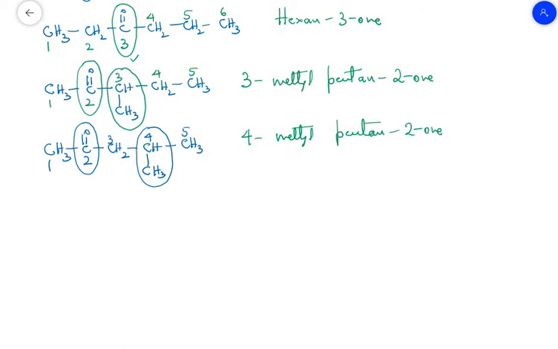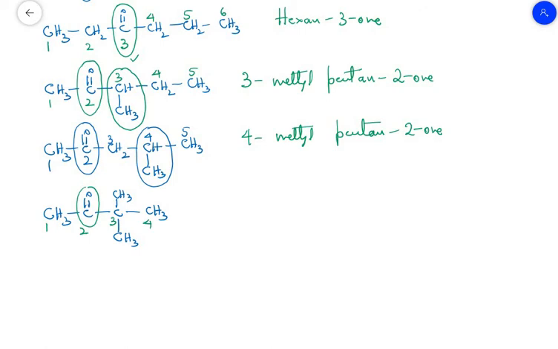And the next example we can write is the double branching on the third carbon atom. So it becomes C, followed by CH3, and here one more CH3, then followed by CH3. When we start writing the numbers, the ketonic group should have the lowest possible number: 1, 2, 3, 4.